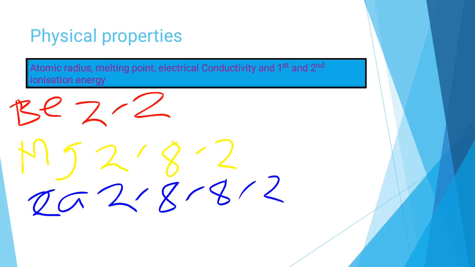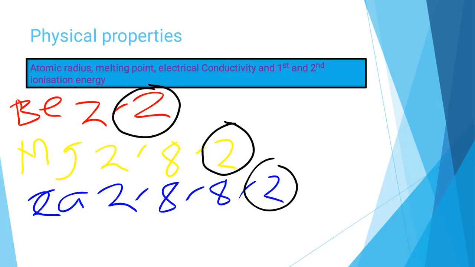So when we speak about the electrical conductivity, every time electrical conductivity is facilitated by the free electrons, which are usually in the outermost energy level for metals. So comparing the 3 metals, barium has 2 electrons in the outermost energy level, magnesium has 2 electrons in the outermost energy level, and calcium as well has 2 electrons in the outermost energy level.